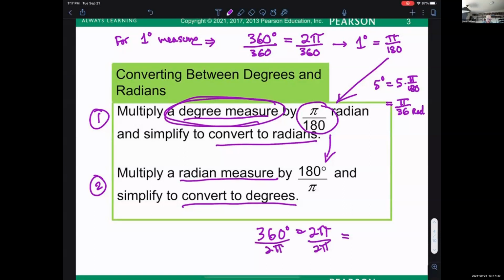Then on the right side, I get 1 radian. And on the left side, after I simplify, I get 180 degrees over pi, which is what they have here. So they come up with these ways where they get a fraction which allows you to convert from one to the other.